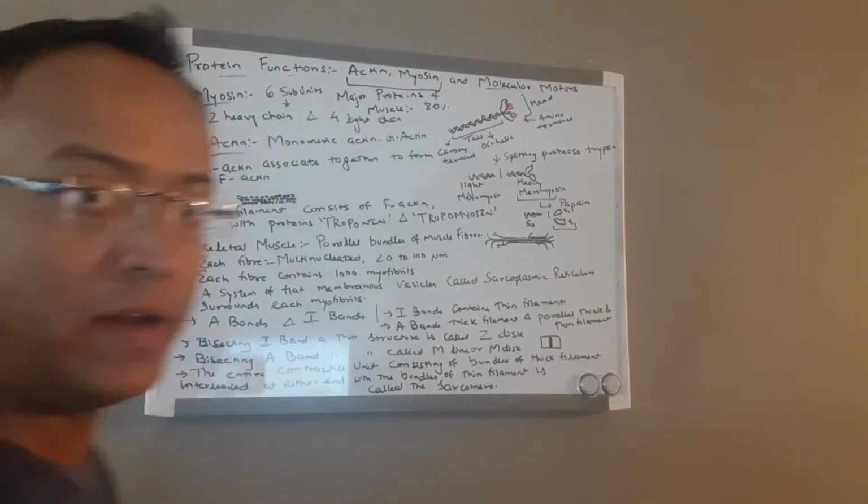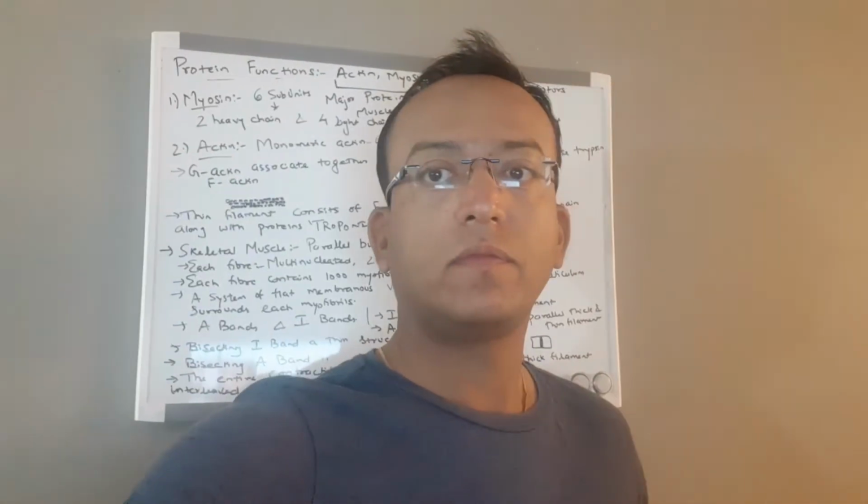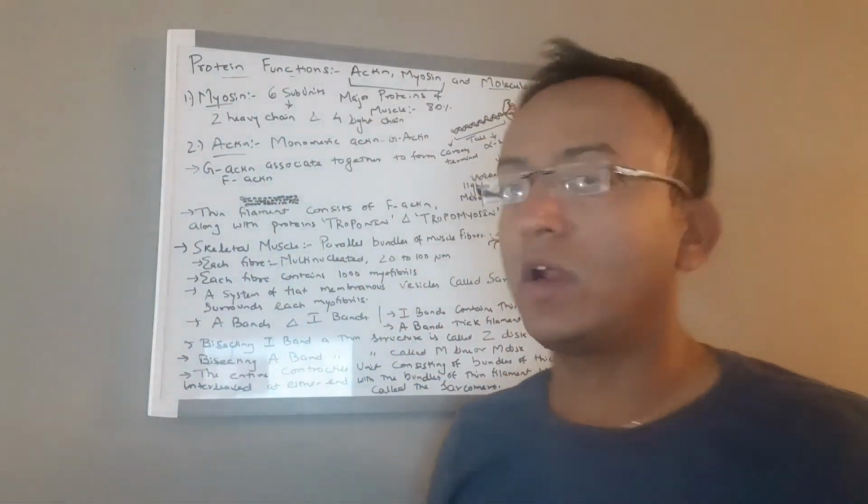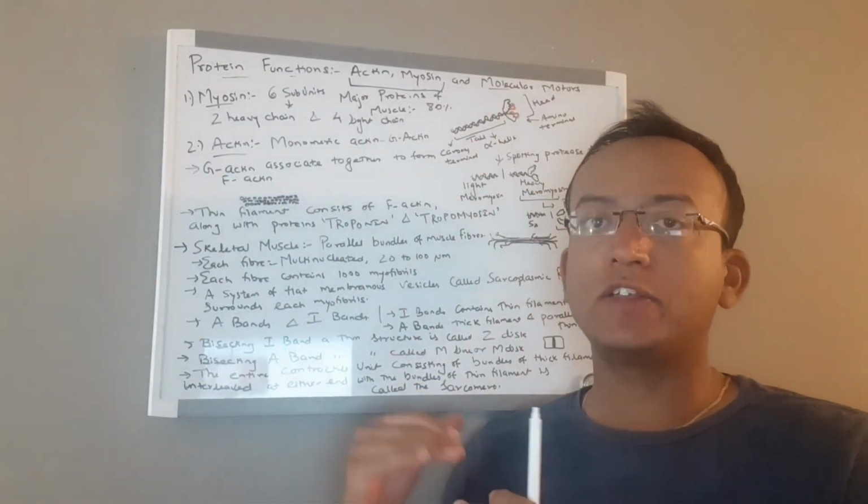Right, so this is called sarcomere, and why is it arranged like this?